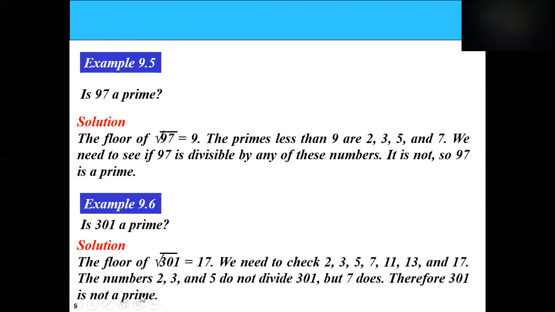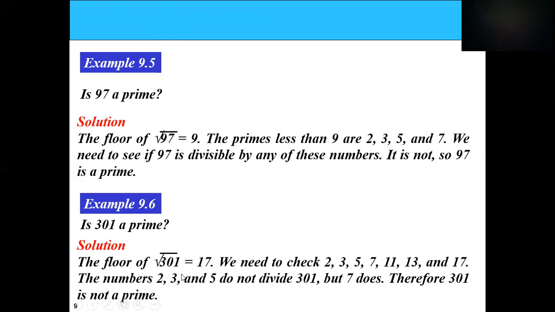So first of all, you have to take the square root and then floor it. You will get 17, and then you have to find the primes less than or equal to 17, and check whether these primes can divide 301 or not.